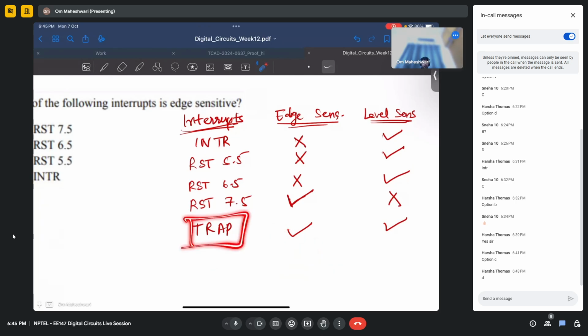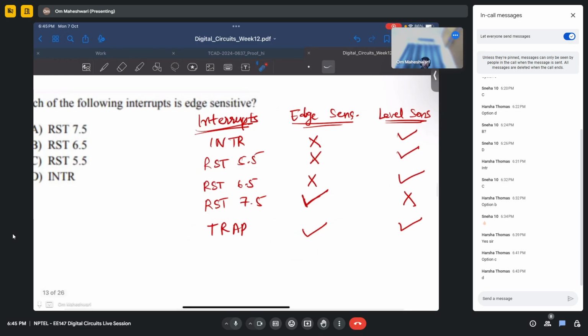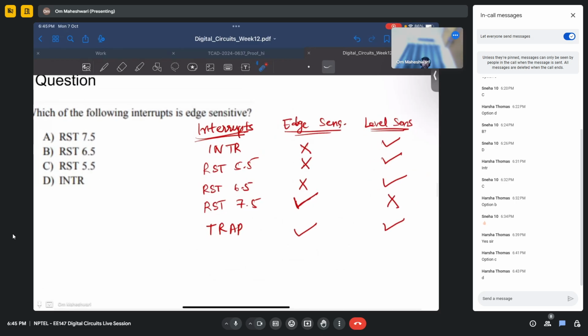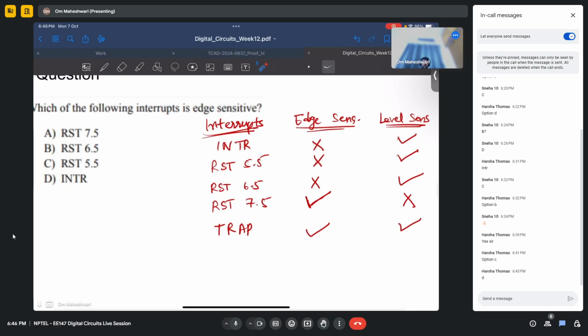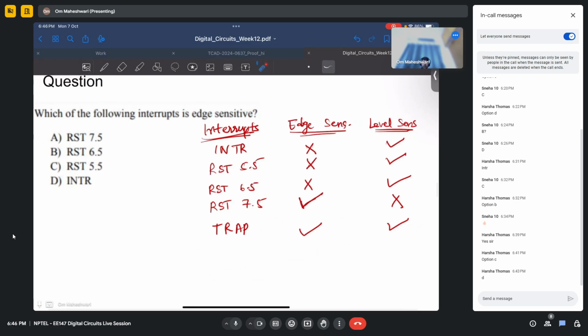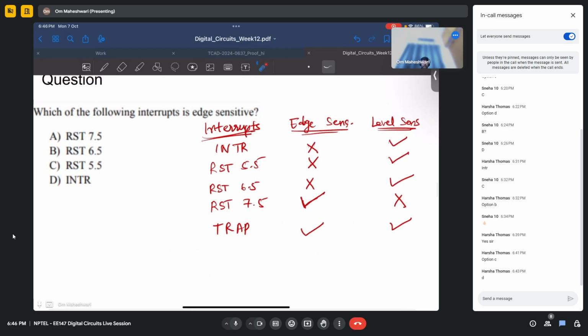TRAP you have to keep high from start till the end, the whole level also. So your answer is RST 7.5.